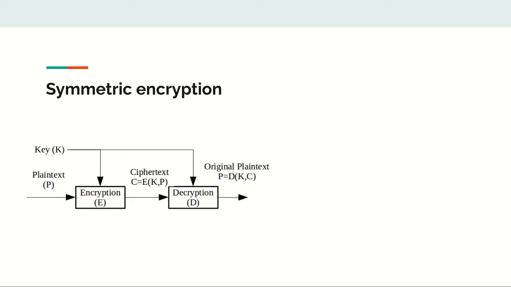Plain text is encrypted using this key K, and cipher text is obtained by the function E of K and P. Then decrypt with function D, using the key K and the cipher text. We can get the original plain text P.